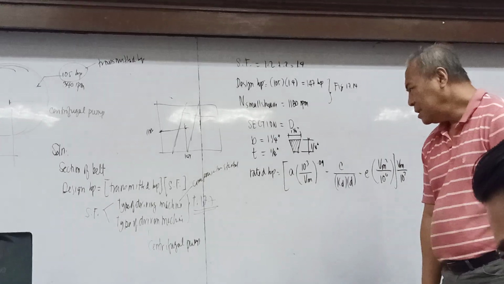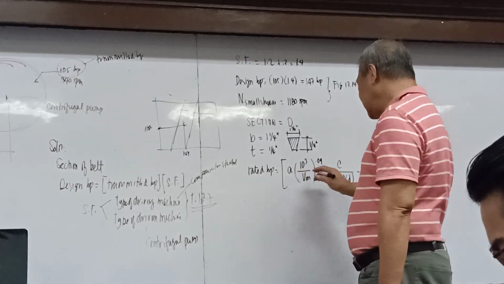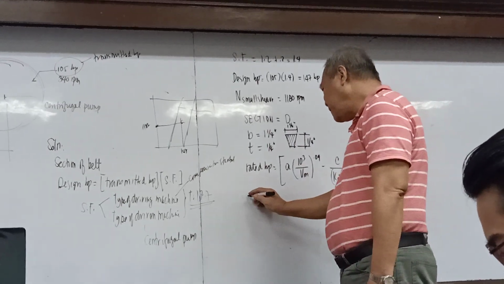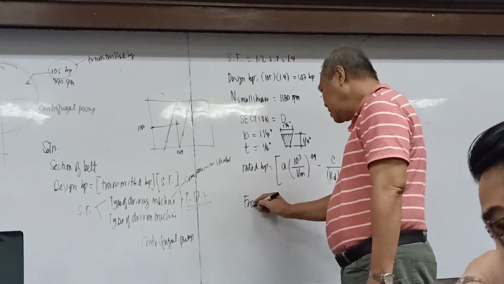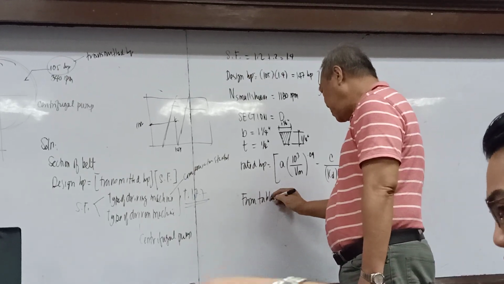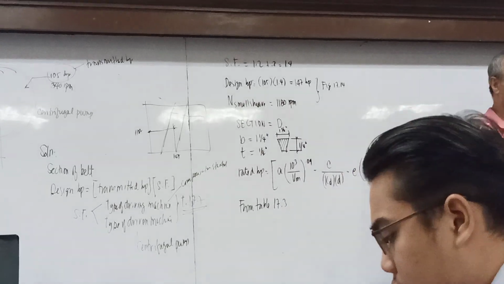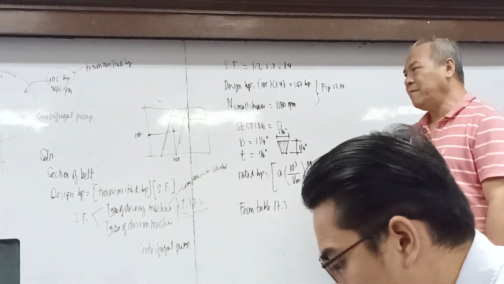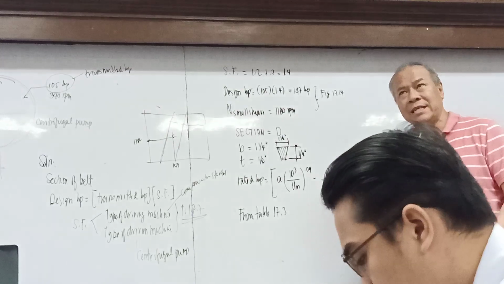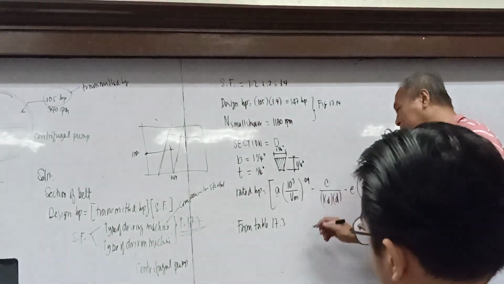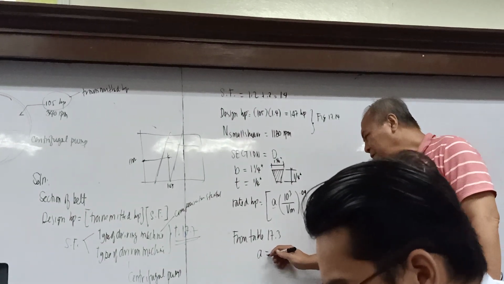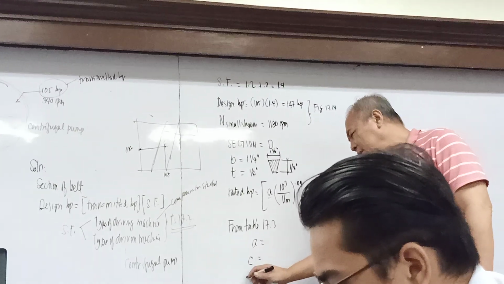Since we are using section D, from table 17.3 we need to determine first the values of A, C, and E. These represent the belt constants for each section of the belt.